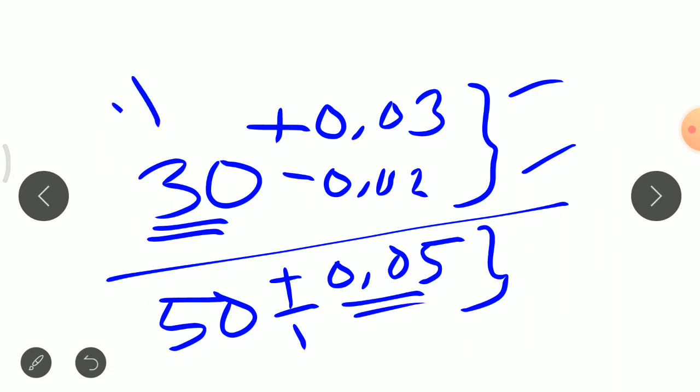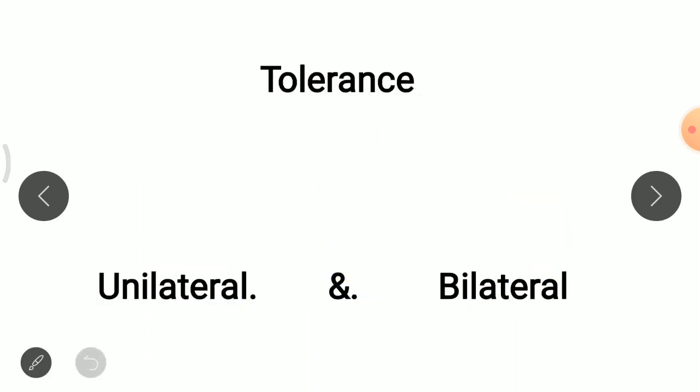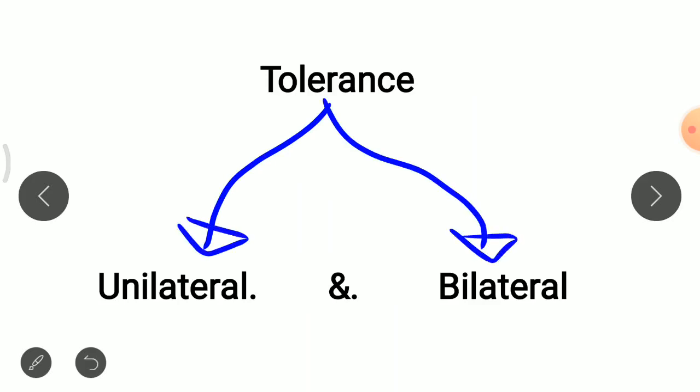It is not compulsory that the designer always selects both conditions, and depending upon the conditions we have different types of tolerance. Here two types of tolerances are there. The first one is unilateral and the second one is bilateral tolerance. The question is asked in examination for 4 marks: explain unilateral and bilateral.